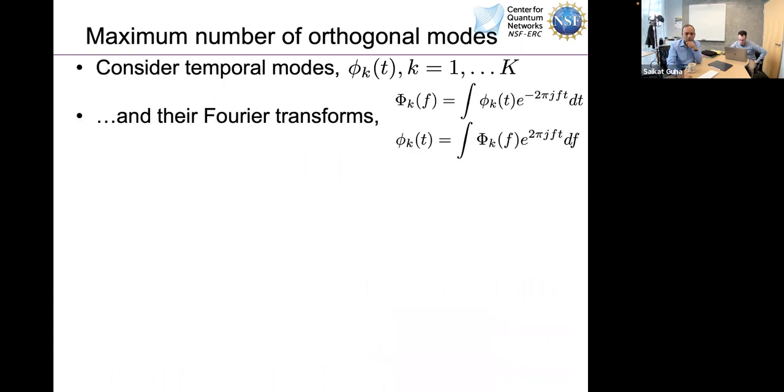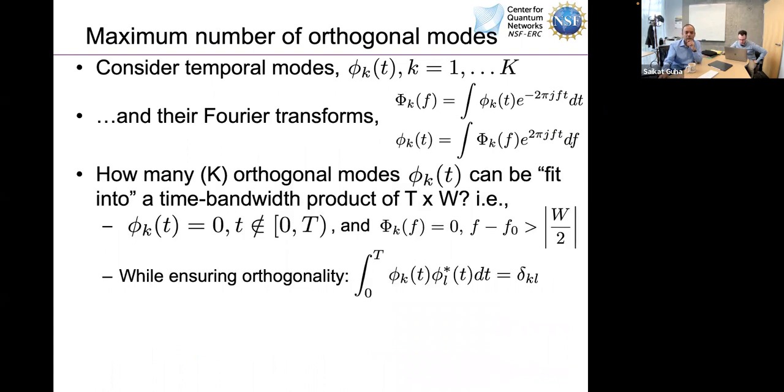Now, when we ask the question, if I give you some time window and a spectral bandwidth, what is the number of modes that you can fit in that time bandwidth product that are orthogonal to each other? So I'm just rewriting Fourier transform and Fourier inverse, which you're familiar with, I'm guessing. So let's say you ask the question that I want you to write mode functions phi k of t, such that these mode functions are orthogonal to one another.